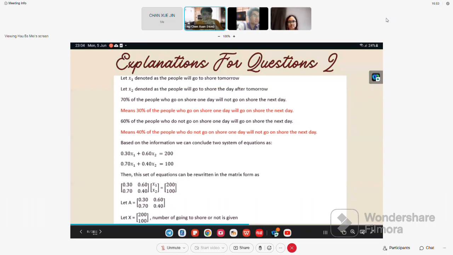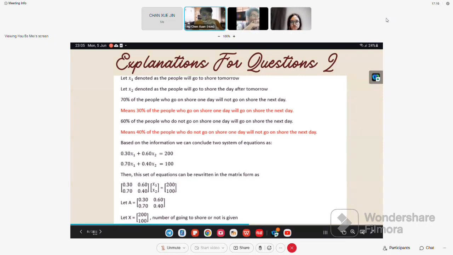Based on this information, we can conclude the system of equations as 0.3x1 plus 0.6x2 equals 200, which is the people who go on shore today. The second is 0.7x1 plus 0.4x2 equals 100, the balance of the people who do not go.